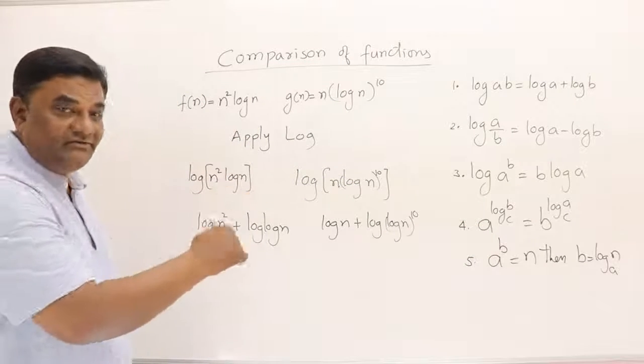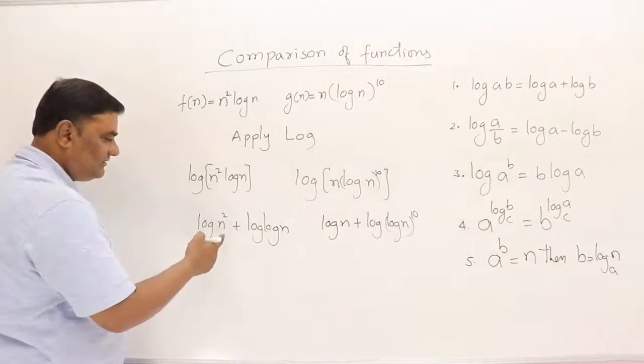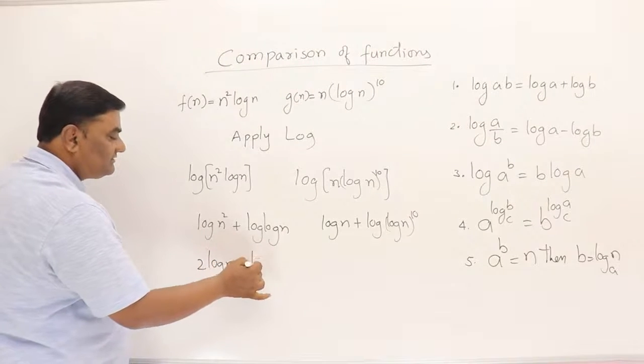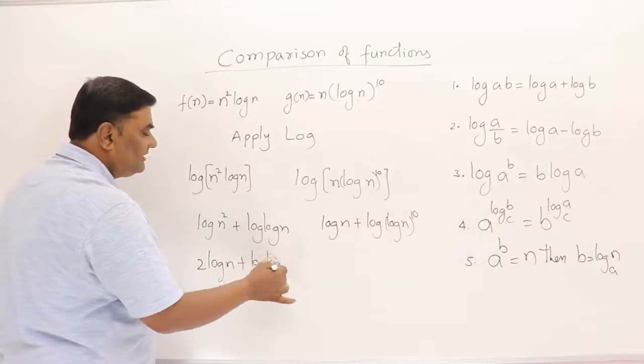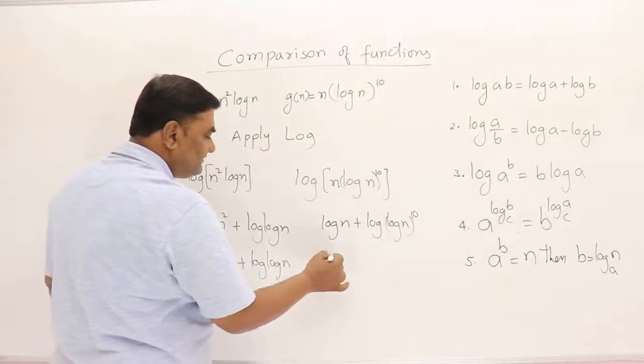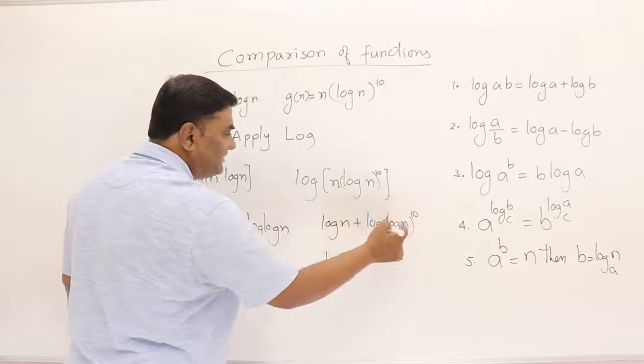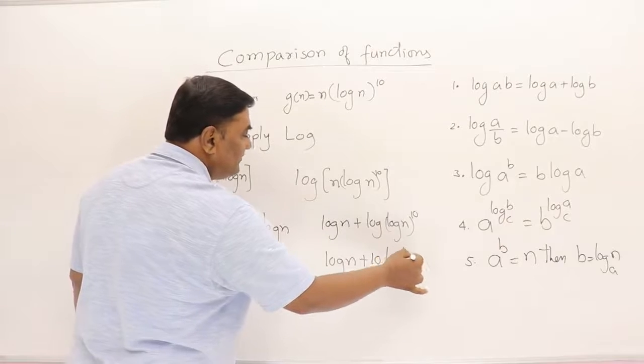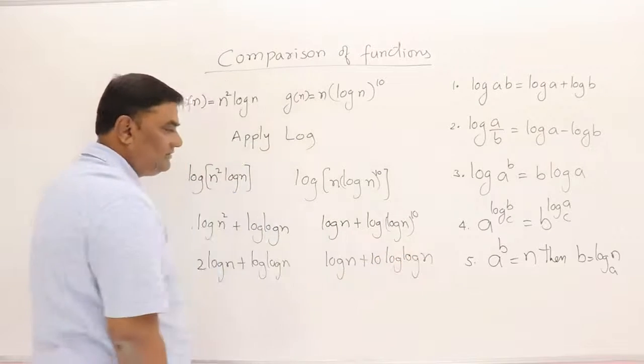Now using the third formula, this becomes 2 log n plus log of log n, and this is log n plus 10 is in power, so 10 log of log n.